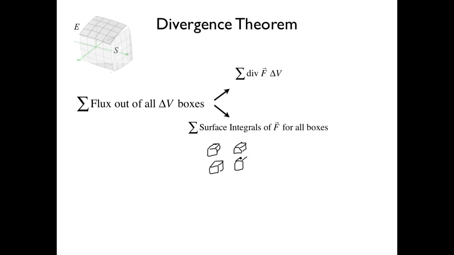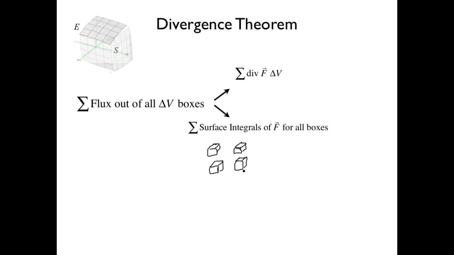And they're all jammed against one another. What's going to happen? Right. So all the faces are going to be shared by two elements, right? Every face inside the solid is going to be shared by two elements, which are going to have equal and opposite flux. So when I sum up all those surface integrals for all those boxes, all the shared sides cancel out, leaving what?